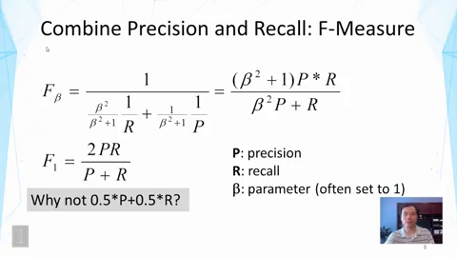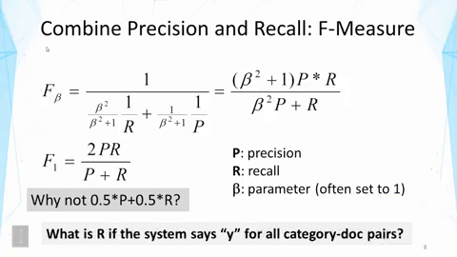If you think about that, you will see that there is indeed some undesirable property of this arithmetic mean. It will be obvious to you if you think about a case when the system says yes for all the category and document pairs. You can try to compute the precision and recall in that case, and see what would happen.